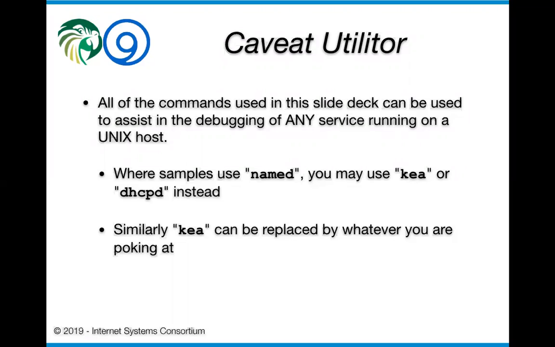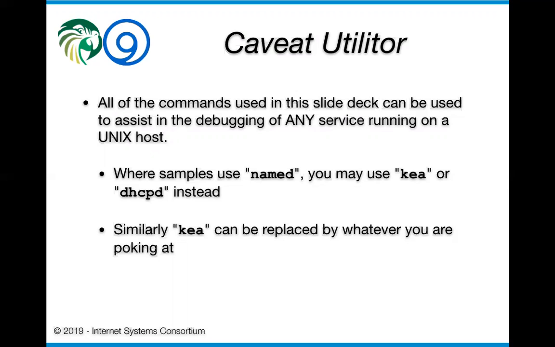There's nothing that I'm going to be talking about, except for the very, very end, that is specific to any of the ISC applications. So what you're going to see here is something that, oh gee, well, if he's able to debug BIND with that or Kea with that, then maybe I can use the same types of things to help discover information about MySQL or maybe Apache or Nginx or whatever other things that you have running on your Unix box.